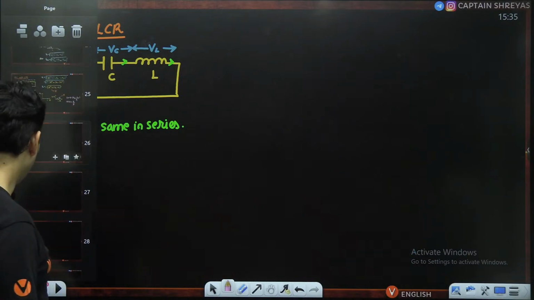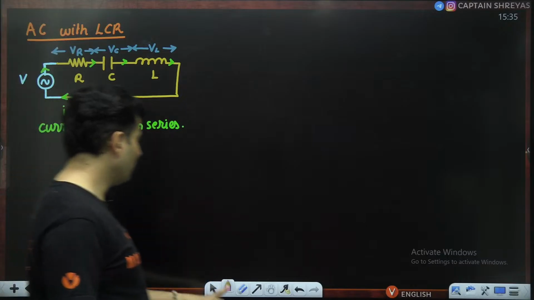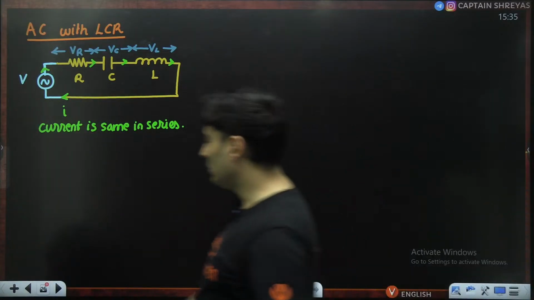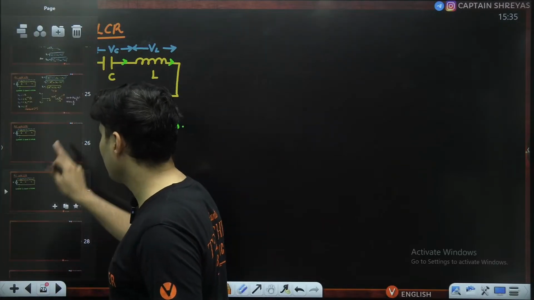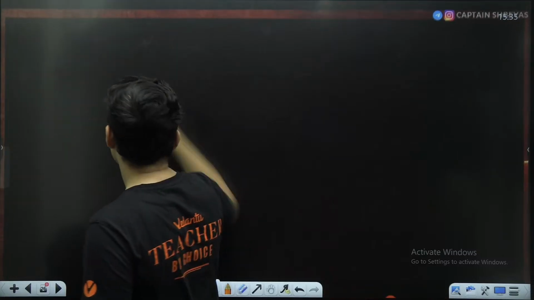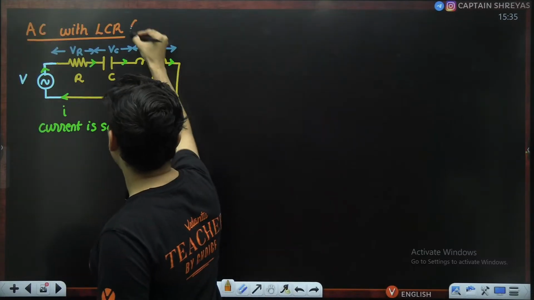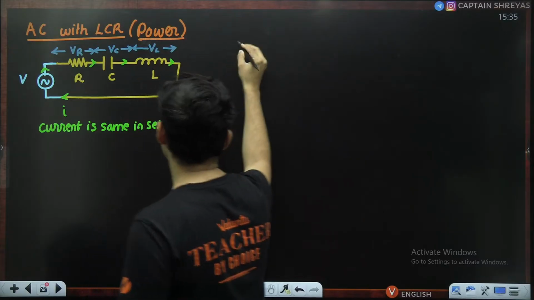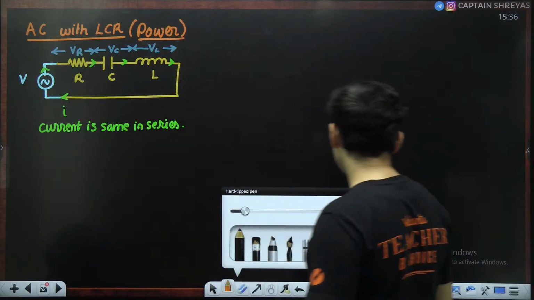Great. Now you might be wondering, sir, what about the power loss in this circuit? If you want to calculate the power in this circuit, the logic goes like this.